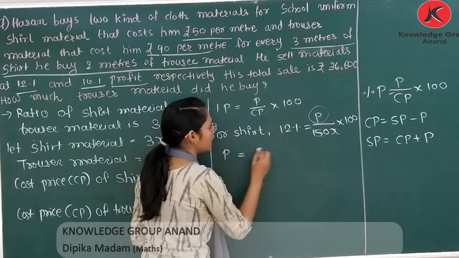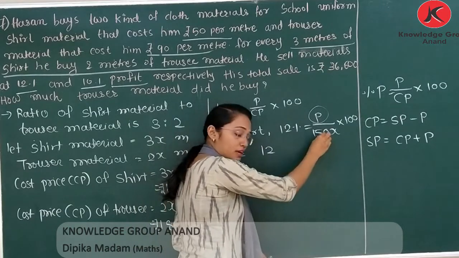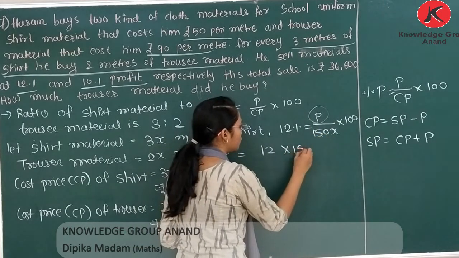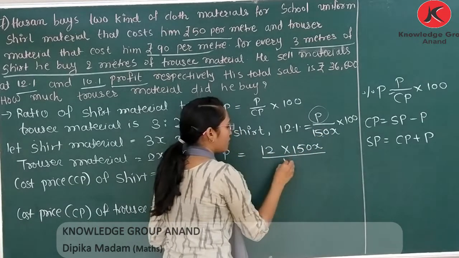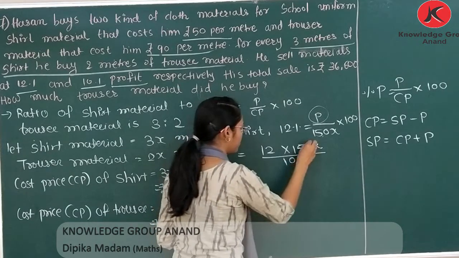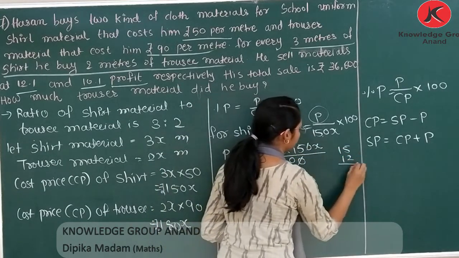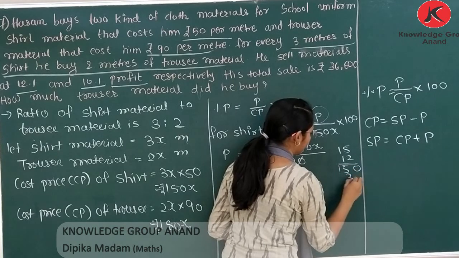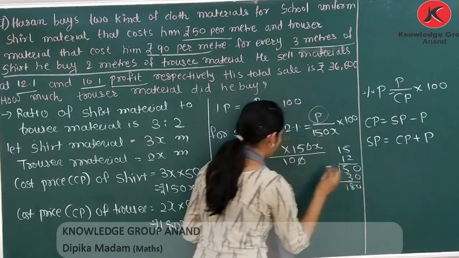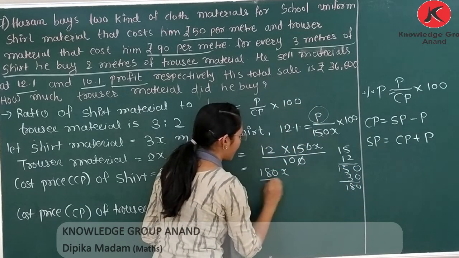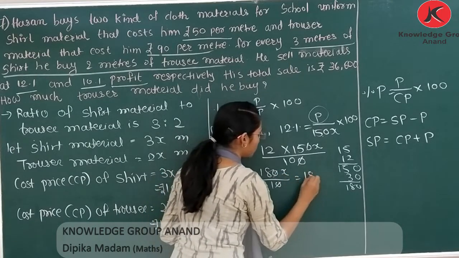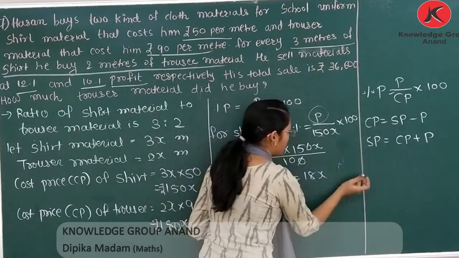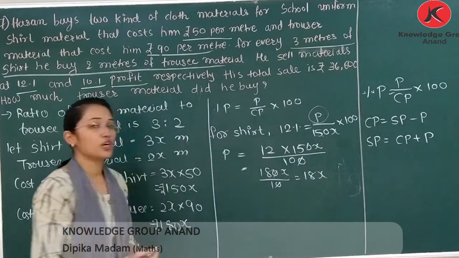So profit is equal to 12 into 150x divided by 100. Multiplying this, 180x divided by 10 is equal to 18x. It means we found the profit for the shirt.